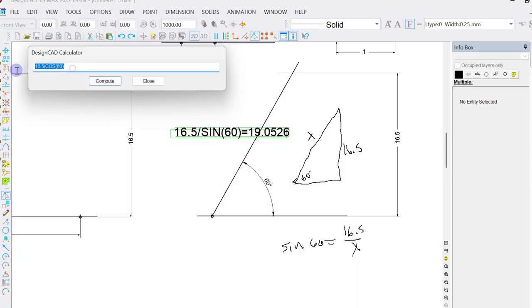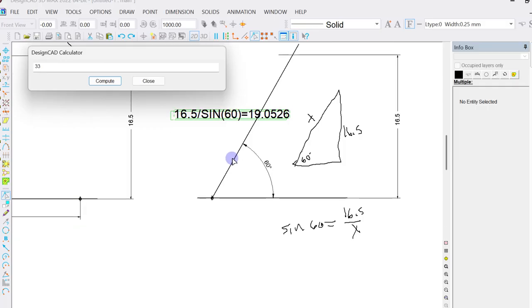You can copy that, Control C. Something did something wrong. 16.5 divided by cosine 60, Control C. That comes out 33 again.